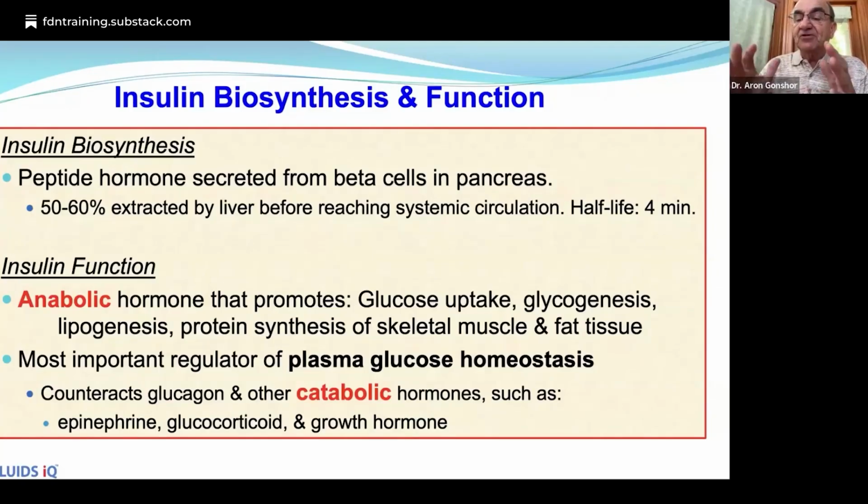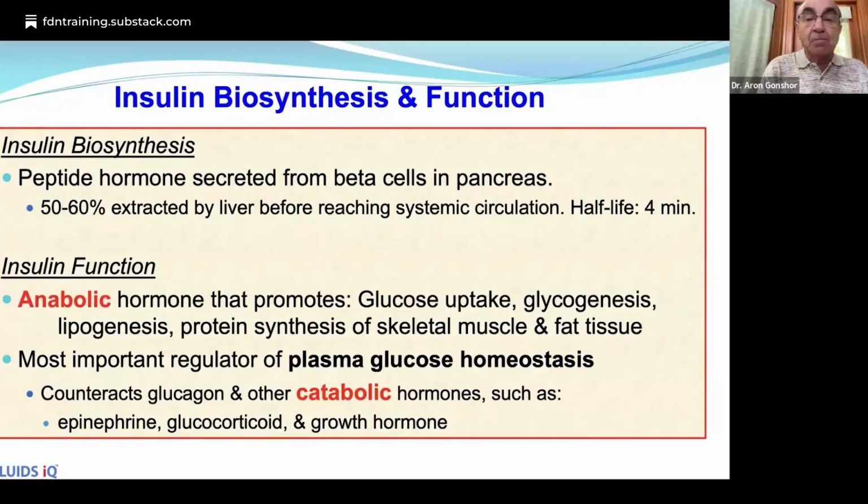A half-life means the half time that it takes for a particular protein, lipid, whatever it is, hormone, to be completely eliminated by the body. So that means if its half-life is 4 minutes, within a 10 or 15-minute period, etc., it is eliminated from the body. So it actually has a very short acting time.